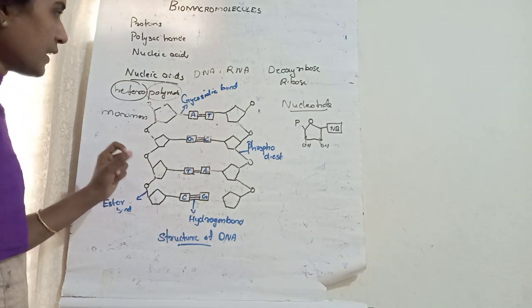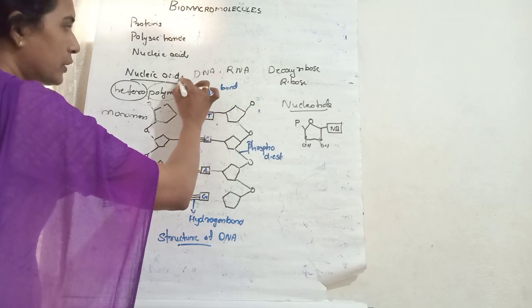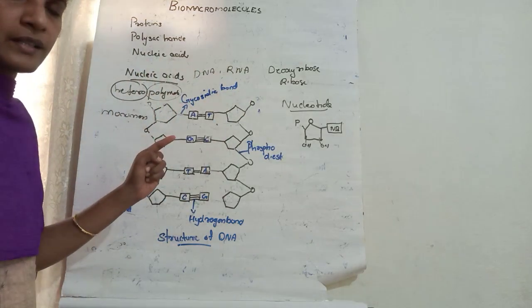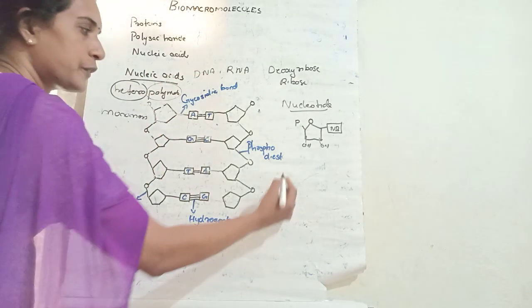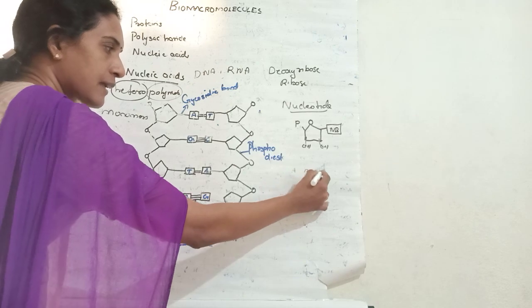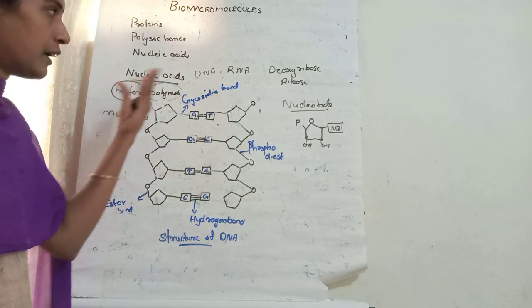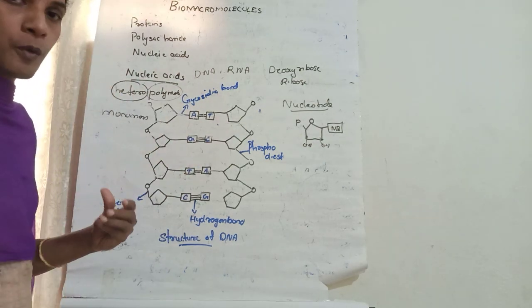Okay, and then DNA. Now I told you nucleic acids are of two types, DNA and RNA. DNA contains deoxyribose sugar. There are different forms of DNA, like A, B, C, D, Z. Different secondary structures of DNA have also been proposed.